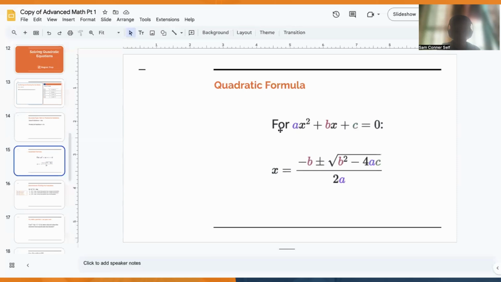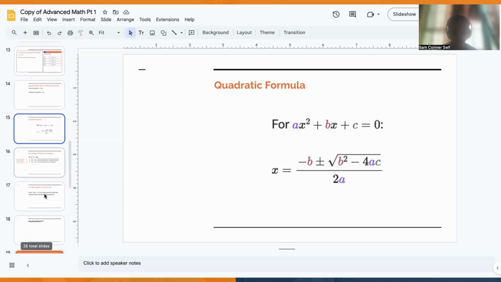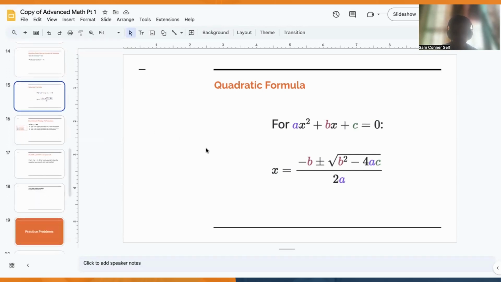Remember that this is the quadratic formula, and this is just another way to find those solutions for x. And again, this isn't going to be something that they give you. This is just going to be something that you have to remember.